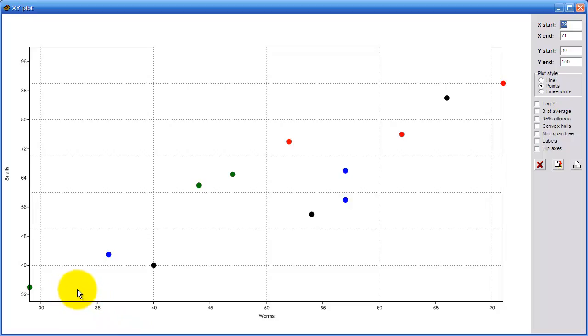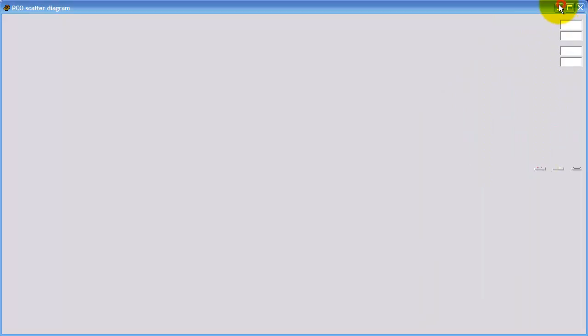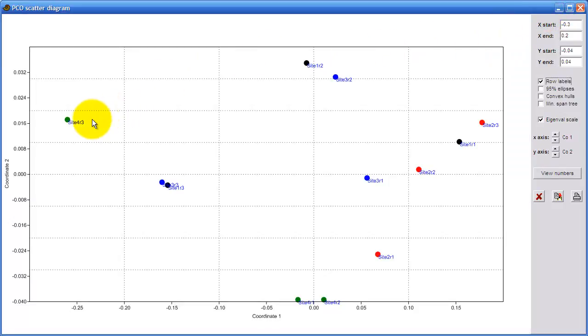All it's done is coordinate axis 1 is going this way, and coordinate axis 2 is going this way, and the principal coordinates analysis is really just rotating this graph so that this linear increasing axis here just goes straight across the page. If we look at the order of the dots: green, blue, black, green, green, blue, black, green.